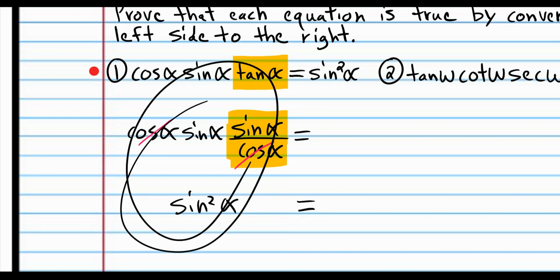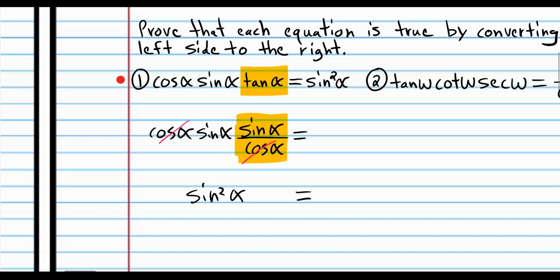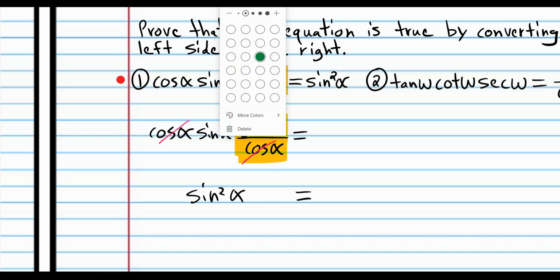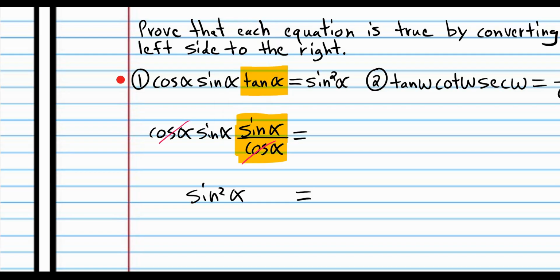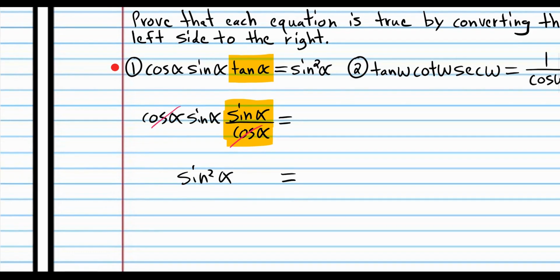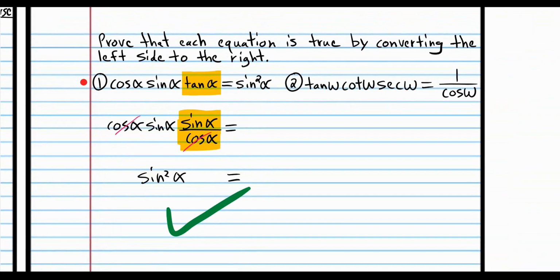That's really the only reason that we're using the equal sign, to show that we're only working on the left side of the equation. So now you can see that we're done. We proved that the equation is true, and we can put a big check mark. That means we did it. We proved the equation is true.